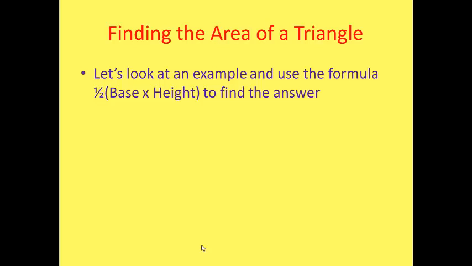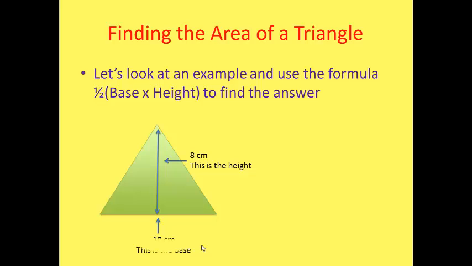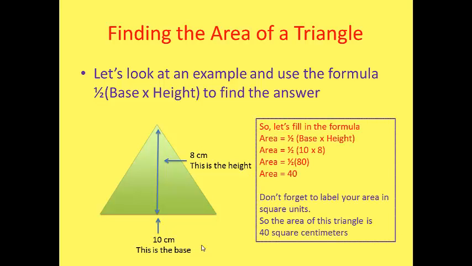Finding the area of a triangle, let's look at an example and use the formula 1/2 base times height to find the answer. Here's a triangle with a height of 8 centimeters and a base of 10 centimeters. So let's fill in the formula.